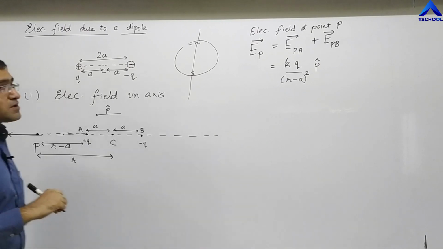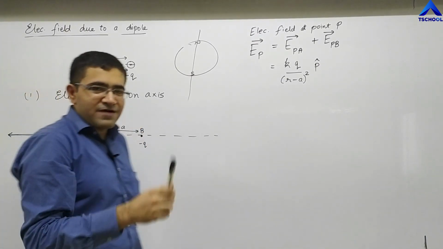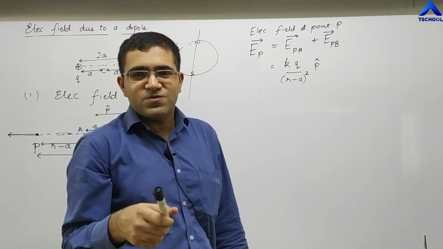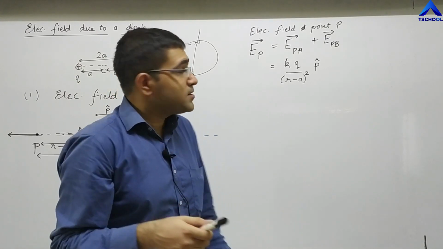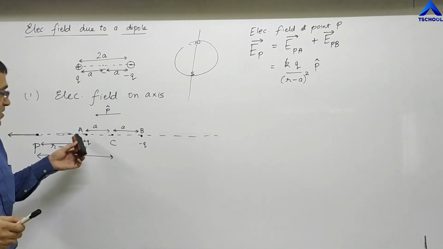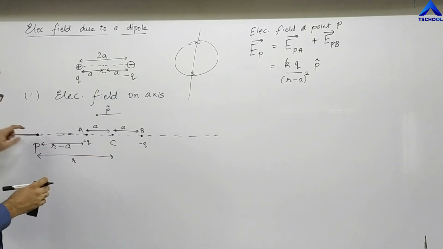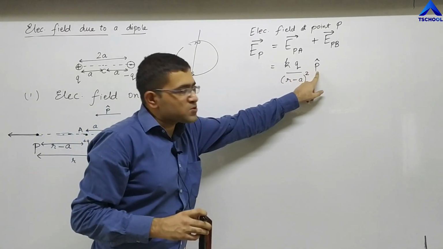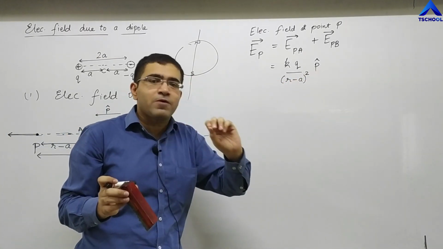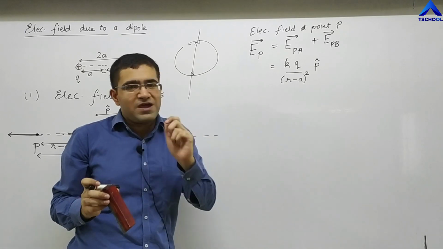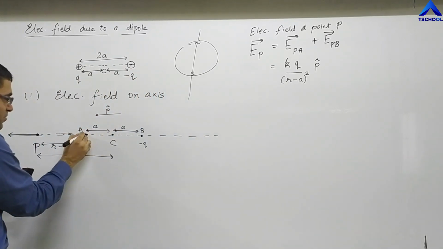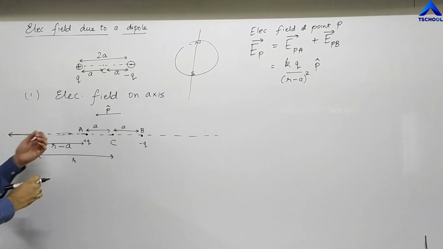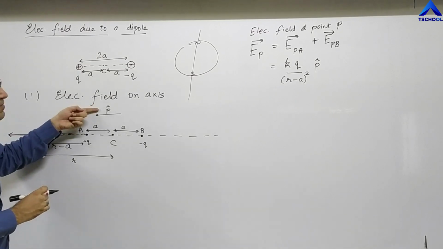Again, I have used the expression to find out the electric field at this point P, and this r hat is the radial unit vector going away from the charge. So from this point going away from the charge in that direction, that's why we should write this one, which is nothing but p hat.